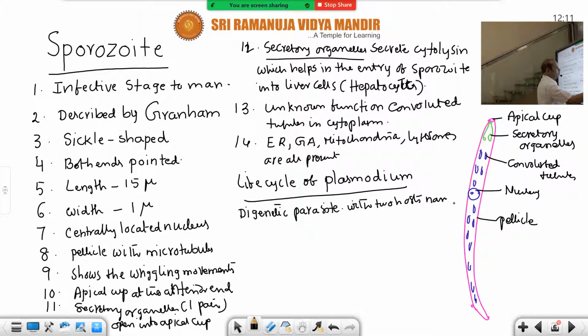Namely, the main host or primary host is the female Anopheles mosquito, and the secondary host is man.